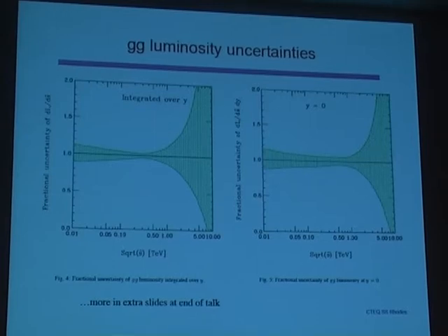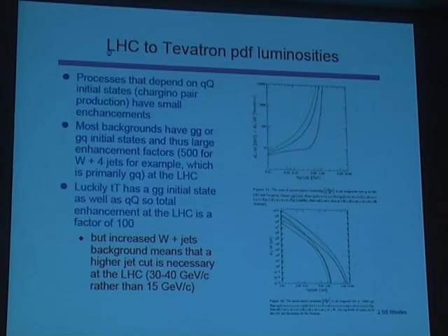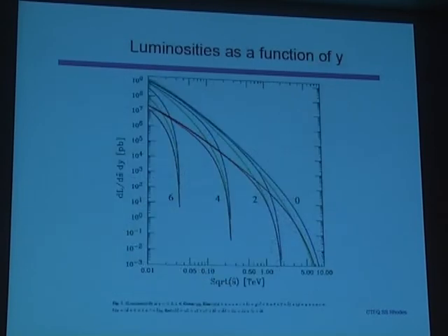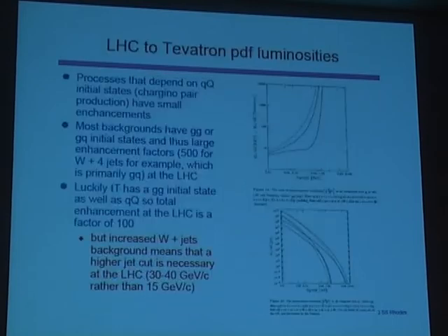You can see that the gluon luminosity is very well determined until I get to masses at the LHC above a TeV. Then it blows up, because even with the jet data from the Tevatron, we still don't know what the high-x gluon looks like. You can also define it for specific values of rapidity. All of those are in the talk and in the paper, and here are just the luminosities defined for specific rapidity values.